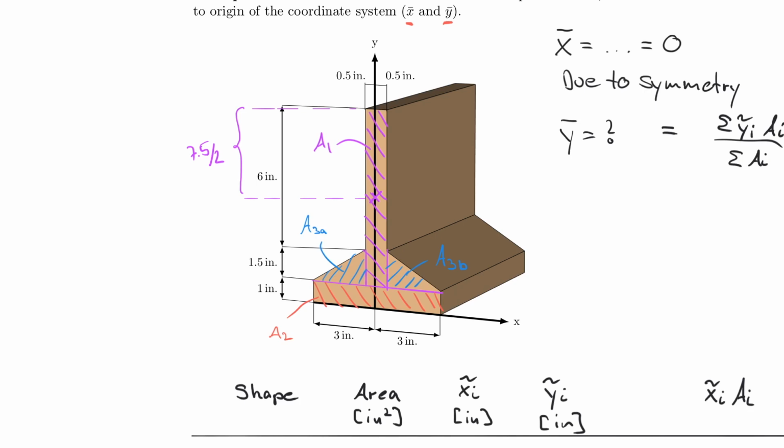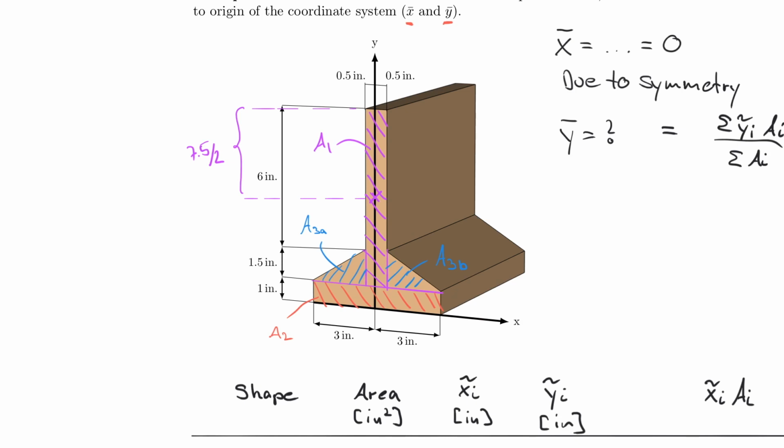Why 7.5 divided by 2? A lot of students would have taken 6 divided by 2, but keep in mind that your cross-section actually goes all the way down to here, which includes the 1.5. 1.5 plus 6 is 7.5, and divided by 2 because we're looking at a rectangle. So this distance must be 7.5 divided by 2, sorry.